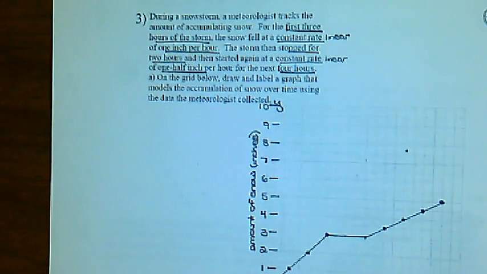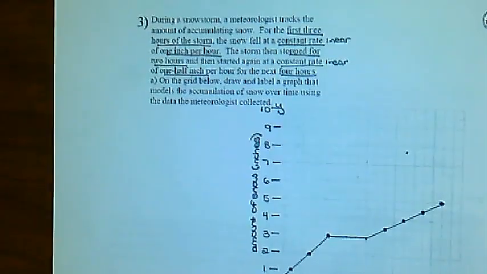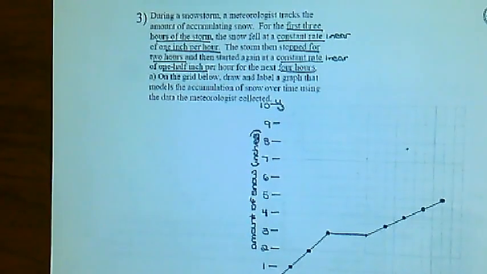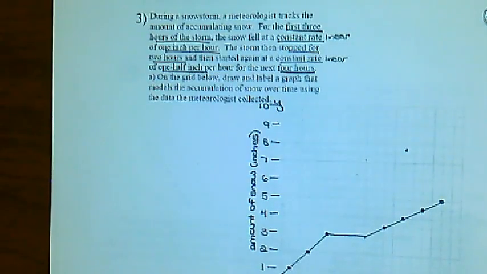All right, for this next question, I want you to notice everything that I underlined. So during a snowstorm, a meteorologist tracks the amount of accumulating snow. Oh, can't wait for our snow to be gone. For the first 3 hours of the storm, so that's important. Anytime you see any numbers, you want to underline that.